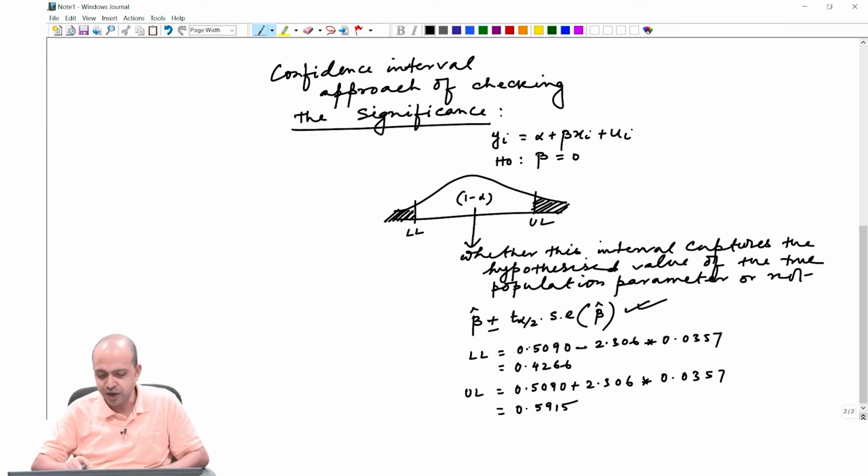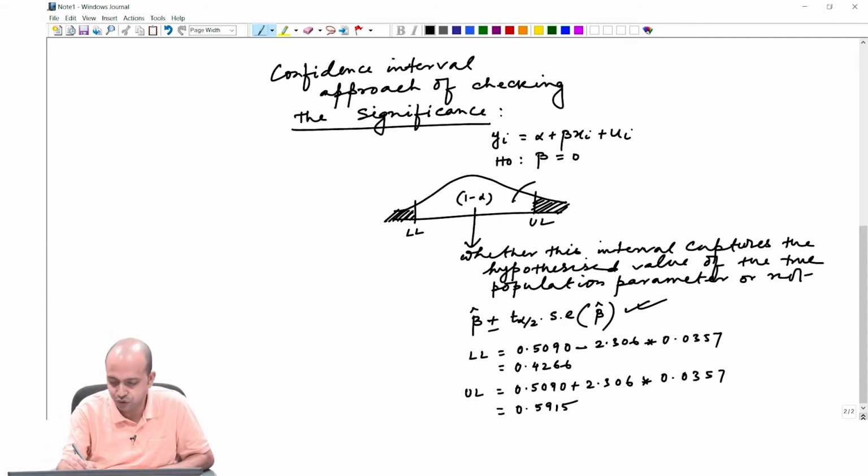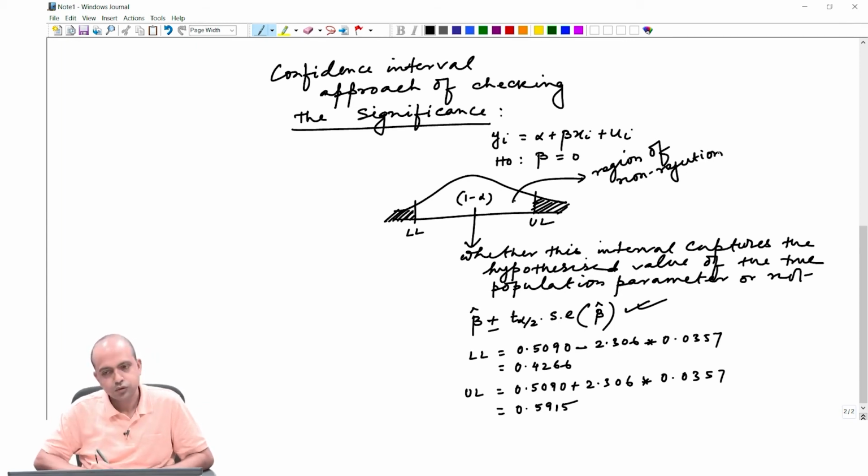But depending on the standard error of beta hat, this size, or region of non-rejection, is determined. The higher the standard error, the higher would be this size.